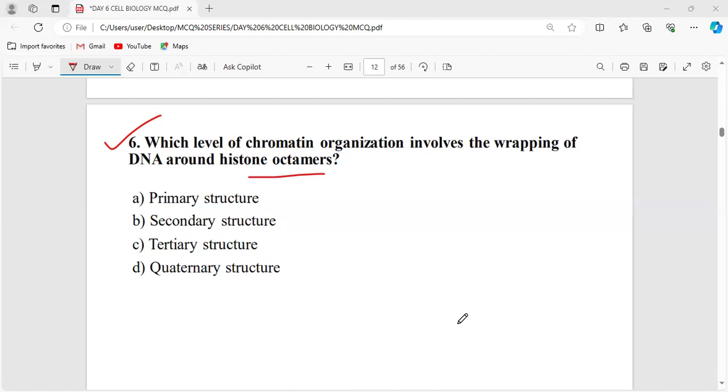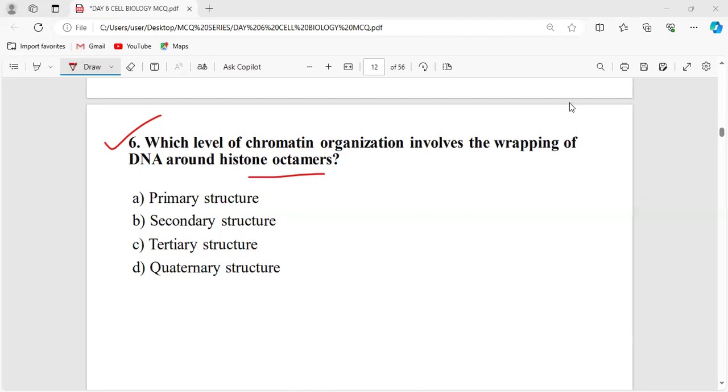Instead, it is in a relaxed form, where we can find the transcriptional site. It is free, so the promoter will bind in the initiation region and protein synthesis will continue. Right? Now answer this question.